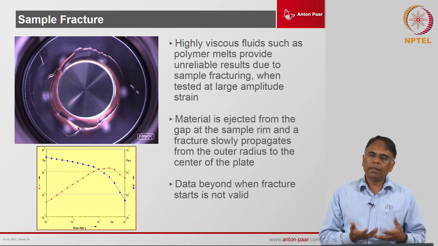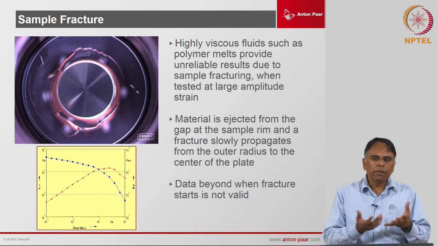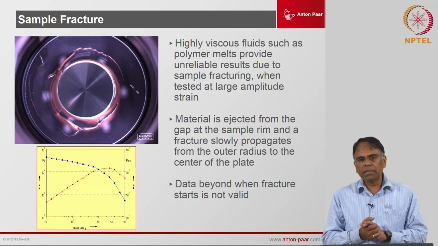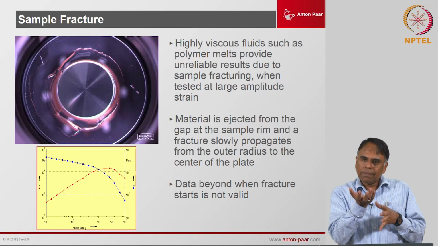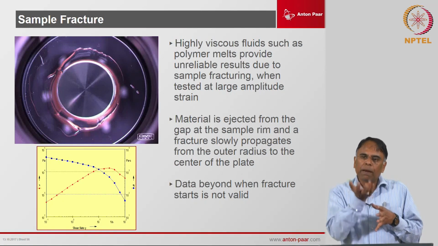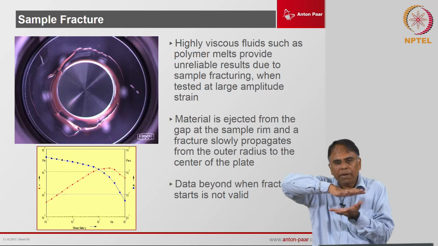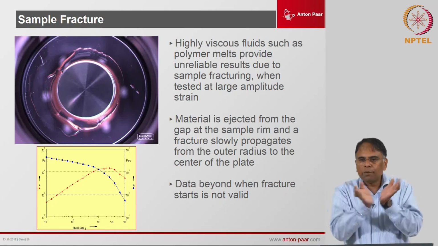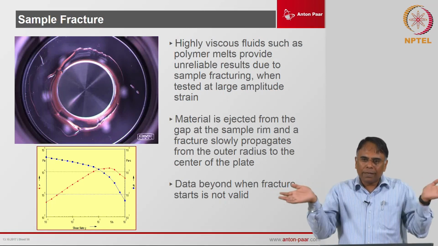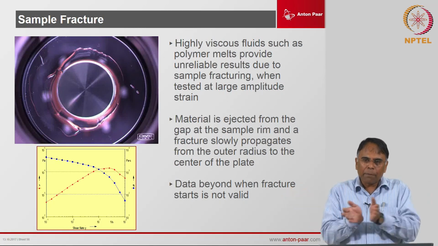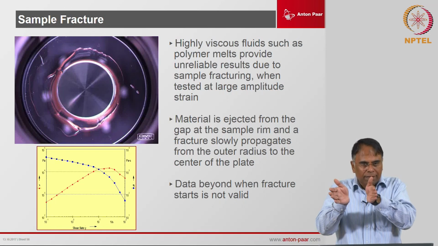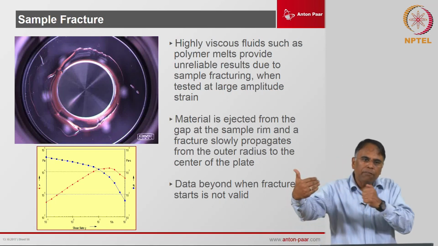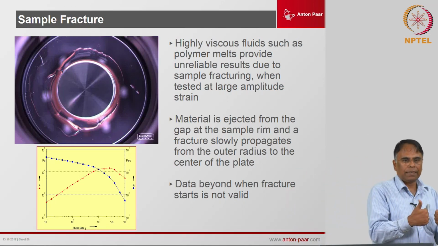And this normal stress is coming due to the Weissenberg effect. This normal stress will push the sample up, but if you have a plate there is nowhere to go. So the only place to go is outside. The sample actually starts leaving the gap, and when it leaves the gap it fractures, and these fractures travel from the edge towards the center.